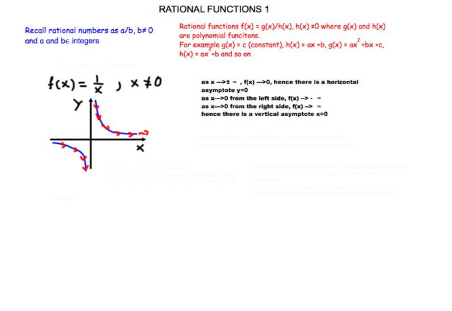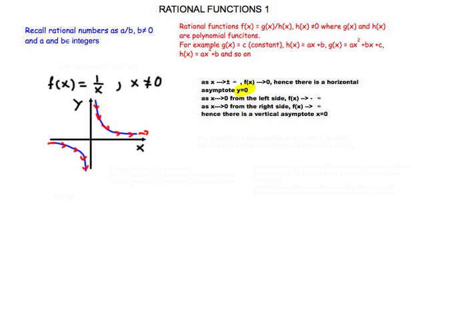If x is decreasing, the graph will be consistently approaching the x-axis as well. So the line here, y is equal to 0, represents a horizontal asymptote, which is shown right here. So this is the horizontal asymptote.